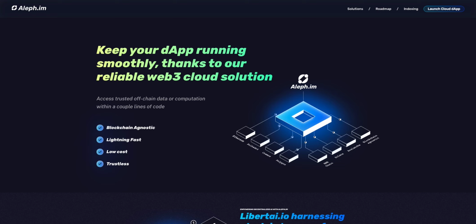That person now uses Aleph.im to host her content and to ensure that it remains accessible worldwide without censorship or takedowns. Additionally, that person leverages smart contracts for direct monetization, and it allows her audience to support her directly without a middleman.